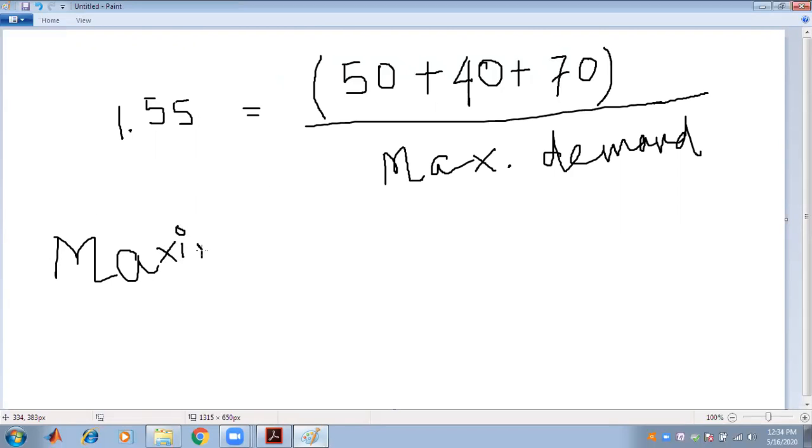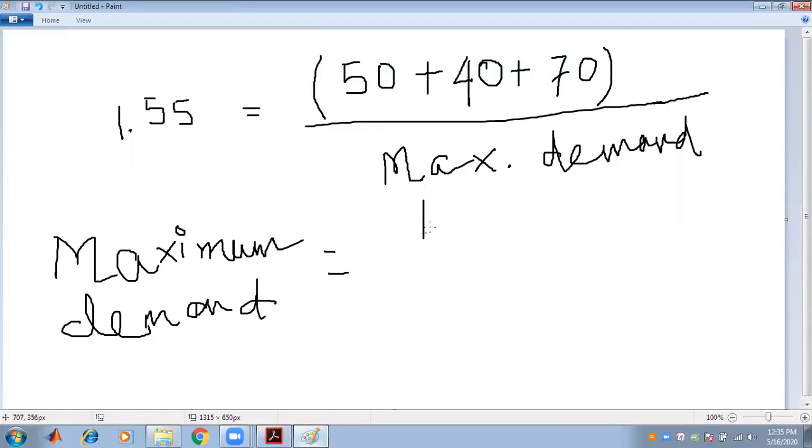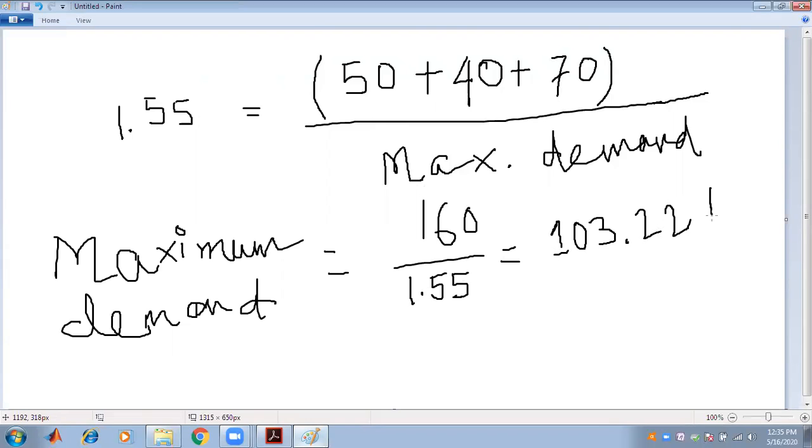From there we can easily find the maximum demand of the station. The sum is 160 divided by 1.55, which equals 103.22 megawatt.